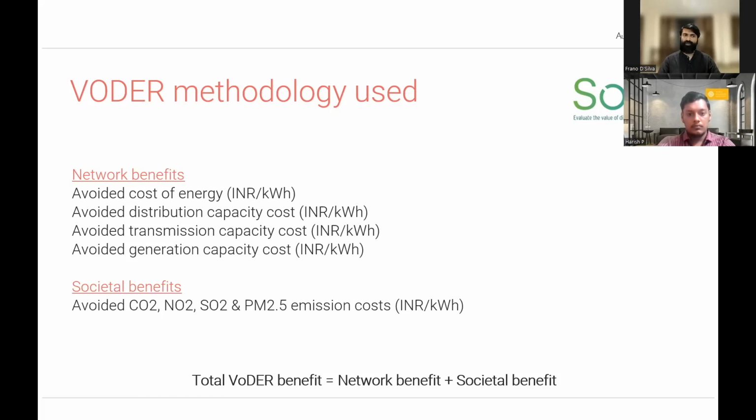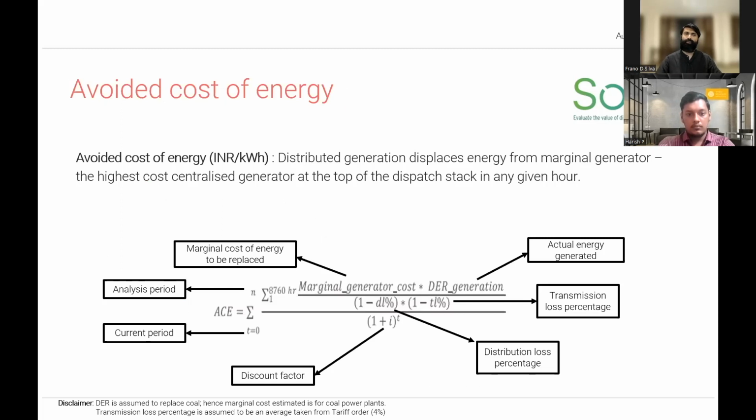So moving further, to determine the avoided cost of energy, what we assume here is that the distributed energy resource, when integrated in the distribution network, will replace the marginal generator, that is the highest cost centralized generator, and this will give us cost benefits.